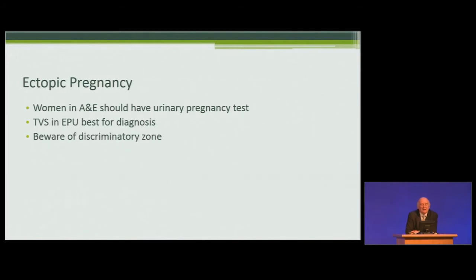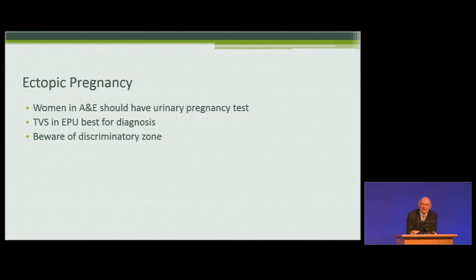Now, if we meet somebody who's new and they're looking at the HCG and saying, oh, the HCG is 2,000 and I can't see a pregnancy, it must be an ectopic, we would always beware of that, because the figures for those HCG levels of 2,000 or 1,500 come from series of normal pregnancies.